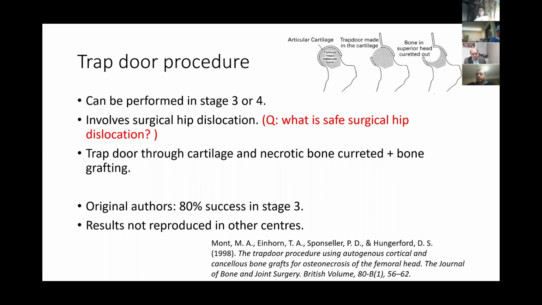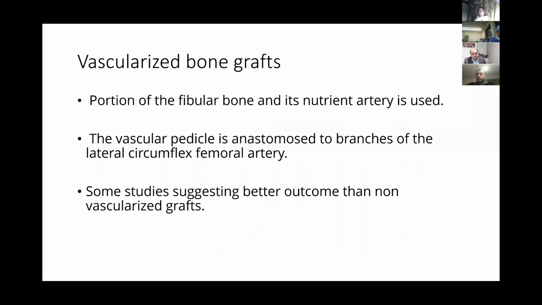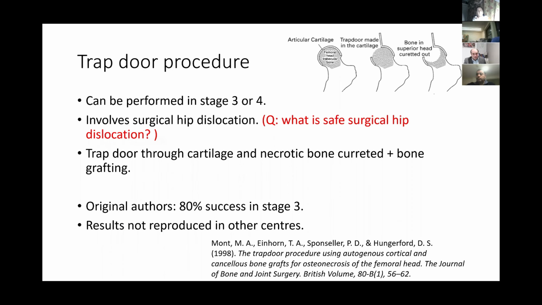So just as an example of how my viva went in that particular topic, I went through all of these options, including the medical options. Bisphosphonates, perhaps I wasn't really up to date, but I said there's no evidence that it is of use, which turned out to be the case.